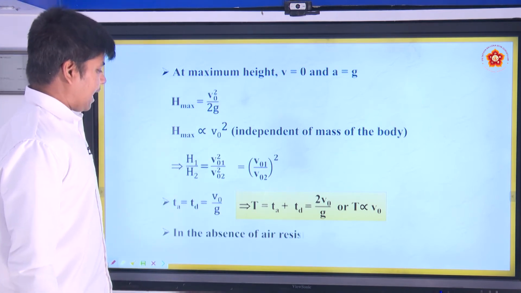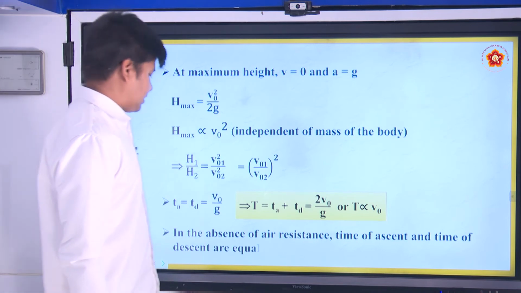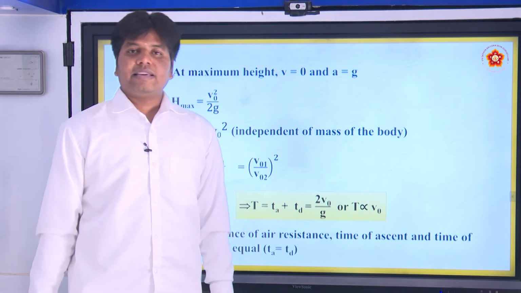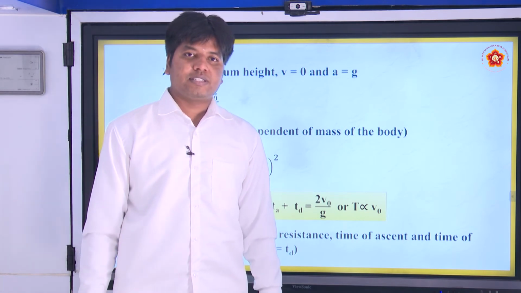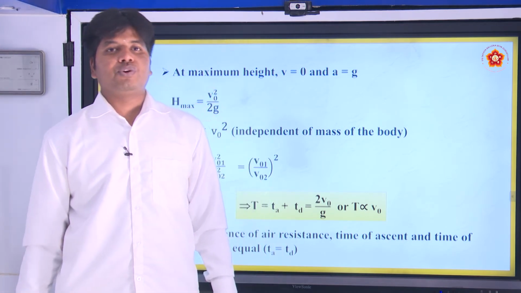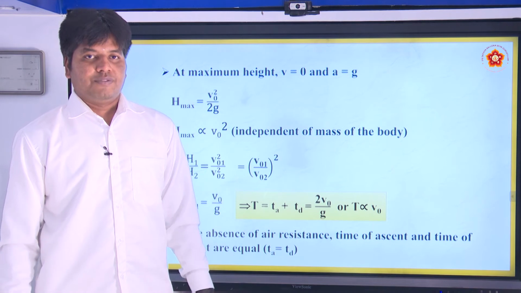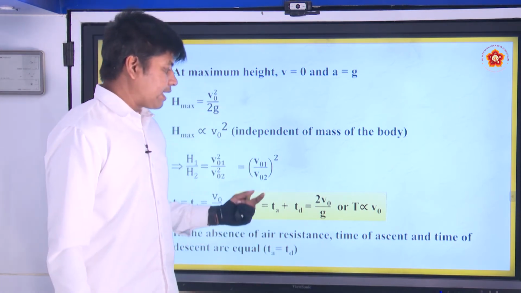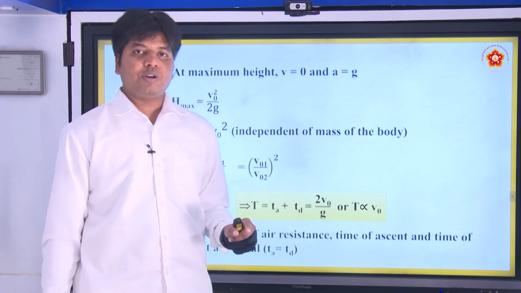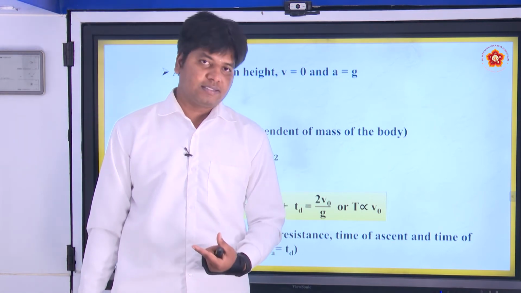Alright. So, in the absence of air resistance, time of ascent is equal to time of descent. In the same way, in the last case we have discussed, the acceleration due to gravity is equal for all the masses when it is in the vacuum. In the same way, we need to consider time of ascent and time of descent are equal when we neglect the air resistance.